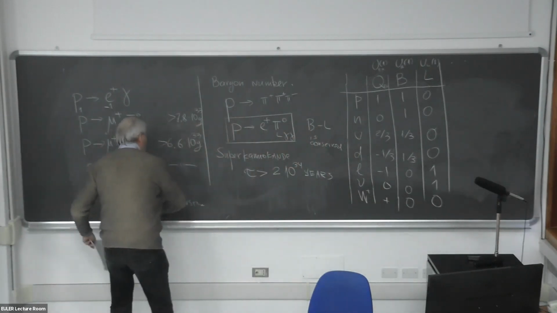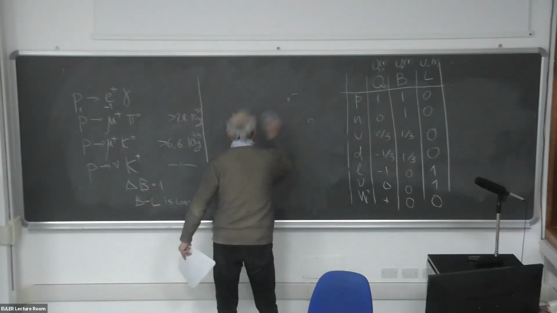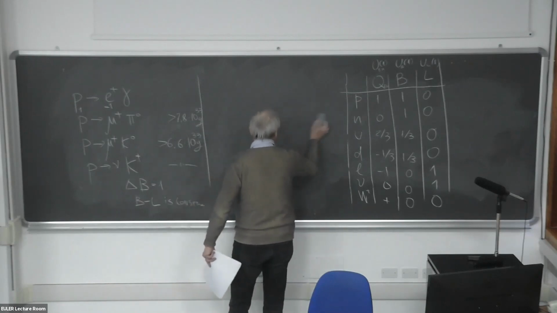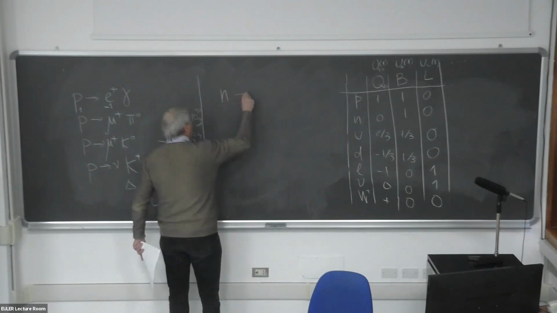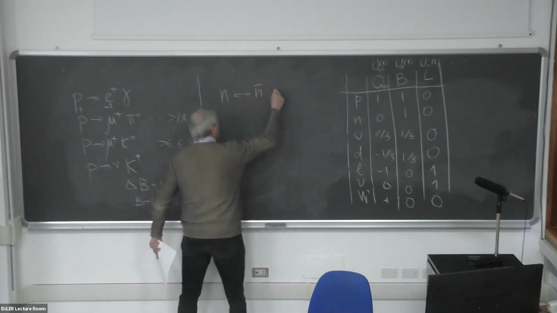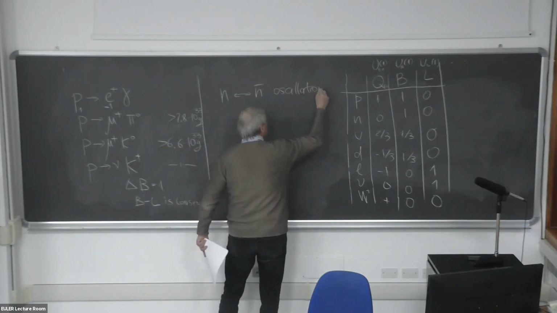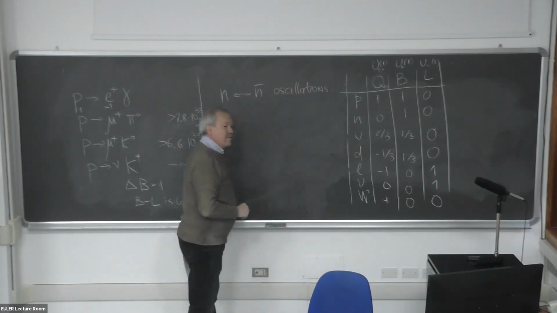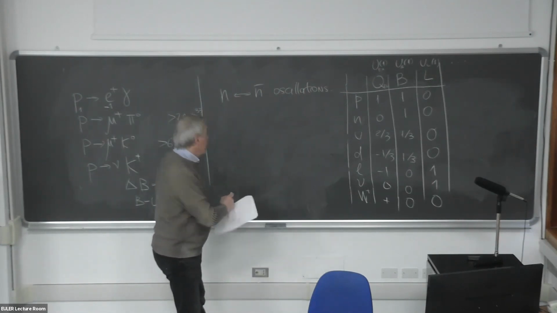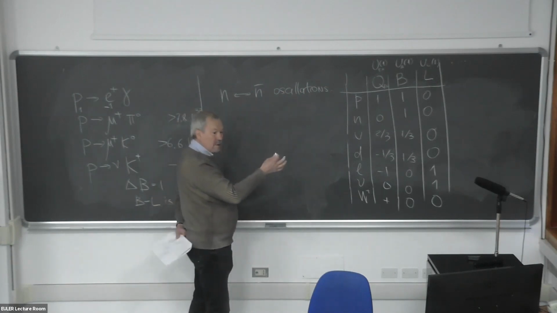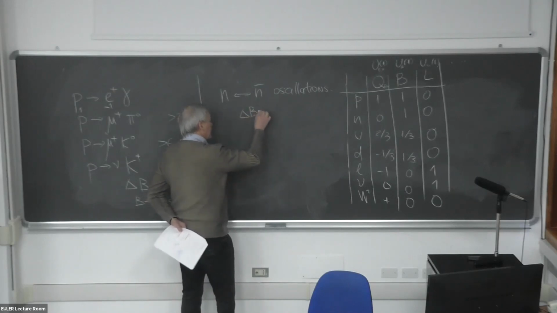Apart from proton decay, there is another process. There are various processes, but one is very interesting: n-nbar oscillations. If baryon number is broken, then in principle it may happen that neutrons are converted into antineutrons, with baryon number violation by 2 units.